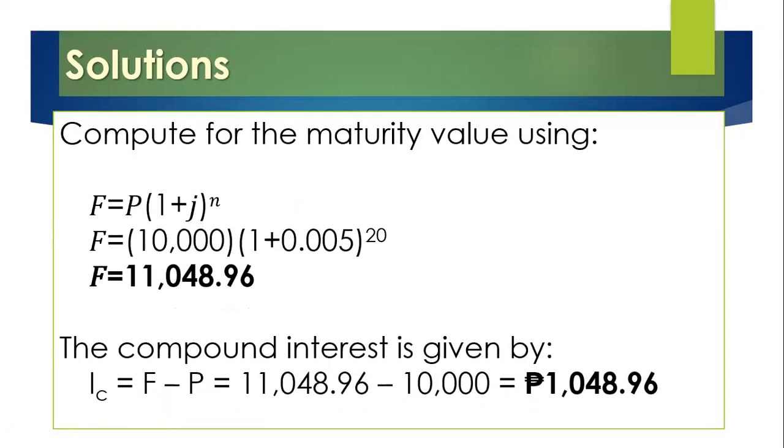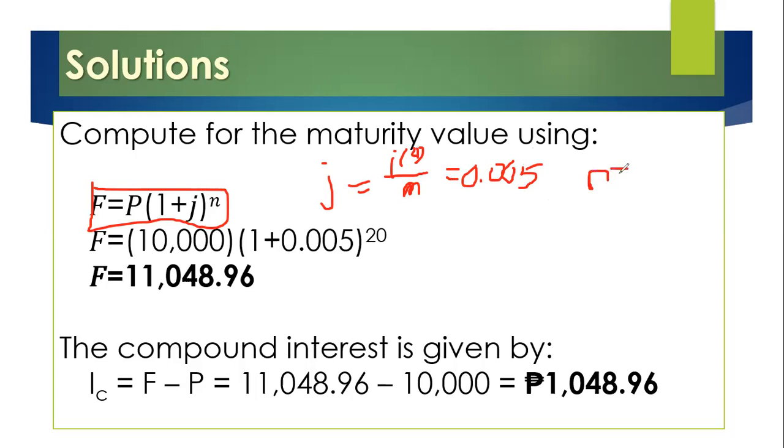Okay, so for the maturity value, using this pinaikseng formula, F is equal to P times 1 plus J raised to N. Okay, so yung J is, compute na natin kanina, I raised to 4 over M, which is 0.005. Tapos yung N natin is, natatandaan kanina, yung M multiply sa T. Na?